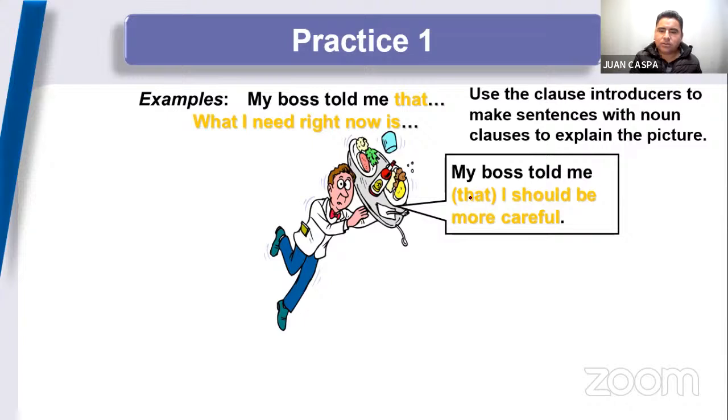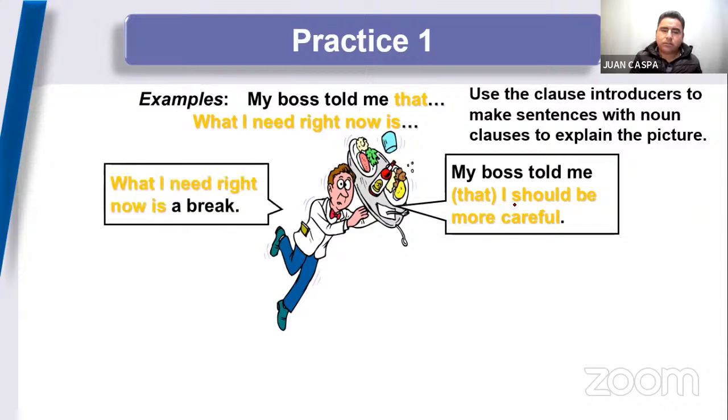Sometimes we don't need to use that, but I'm introducing one. There it introduced the clause, right? So what I need right now is a break. That is just an example.